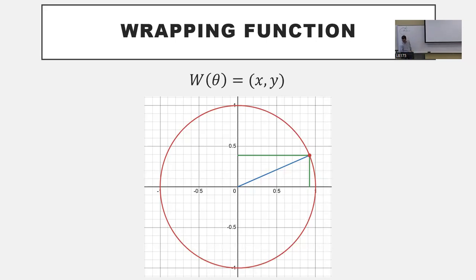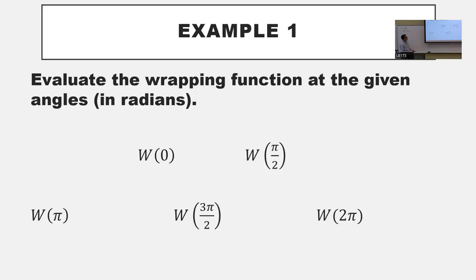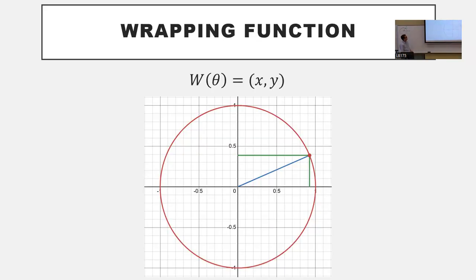Now, because of the picture that I had drawn earlier, with the x values and corresponding y values, we can figure out certain ordered pairs for certain angles.